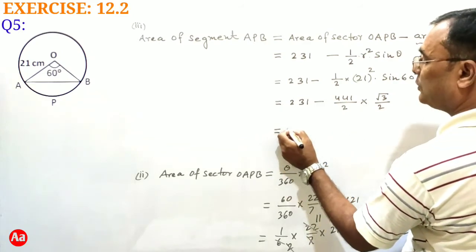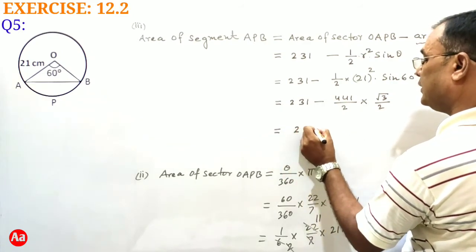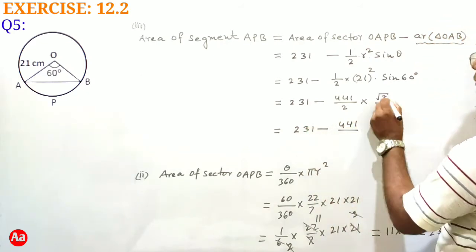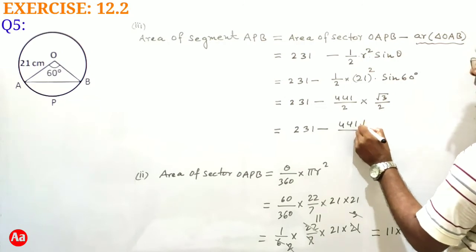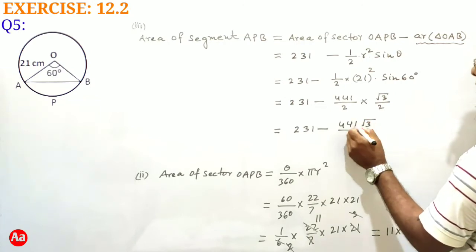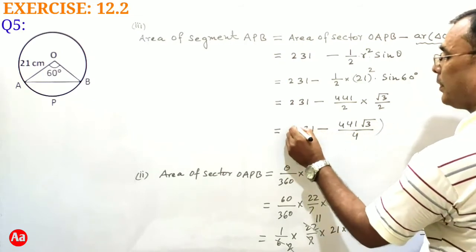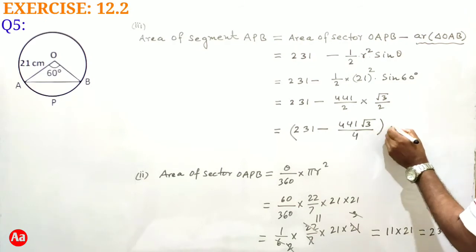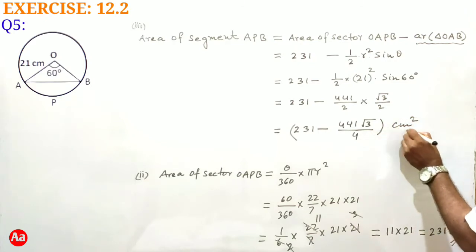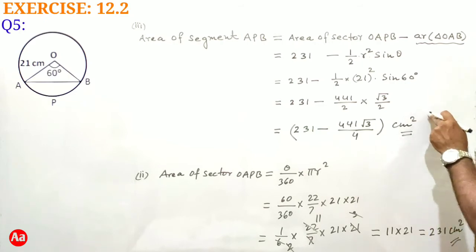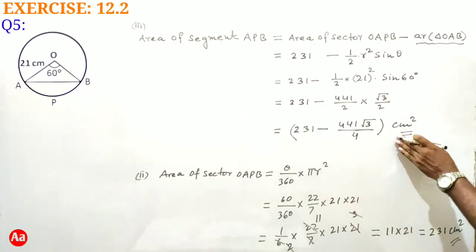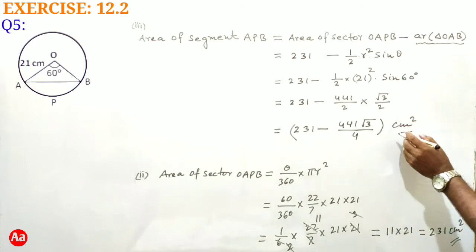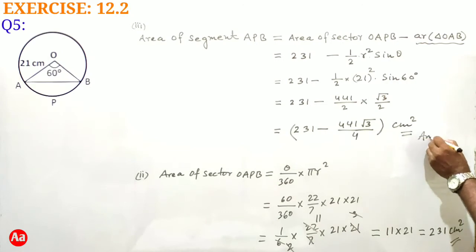So this is equal to 231 minus 441 root 3 by 4 centimeter square. And this is the area of segment APB formed by the corresponding chord AB, and this is the answer.